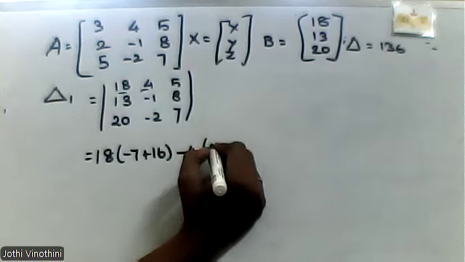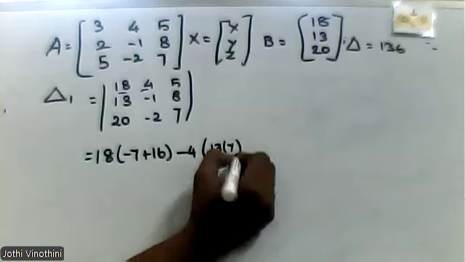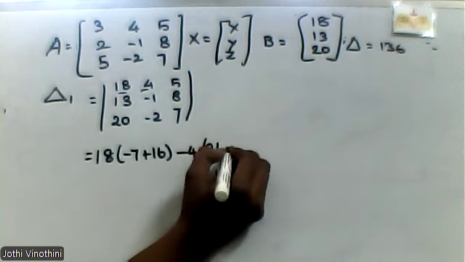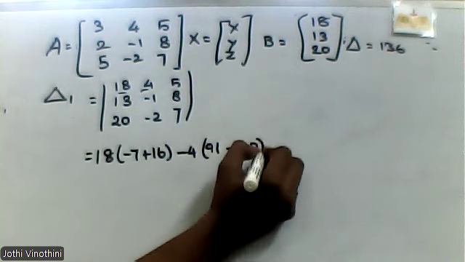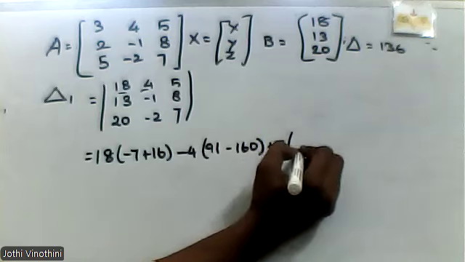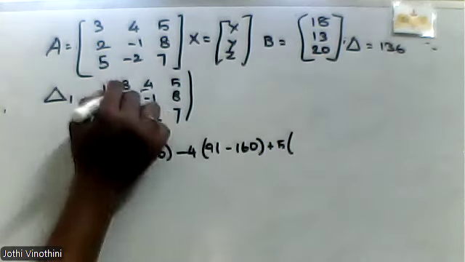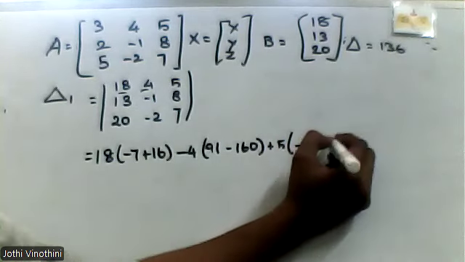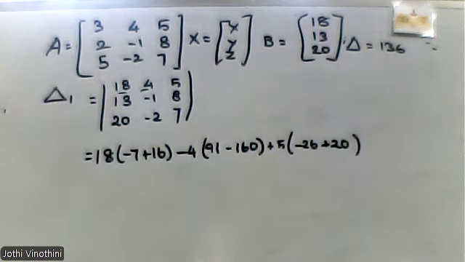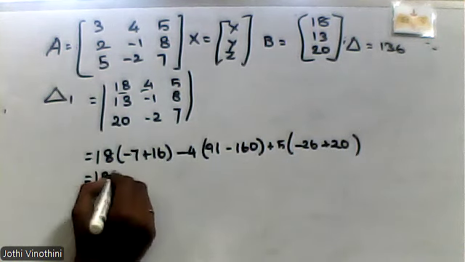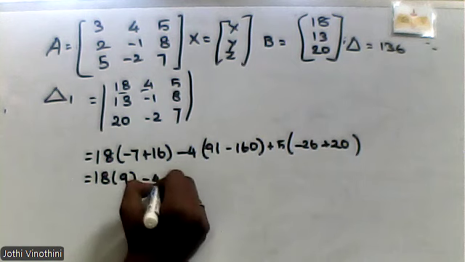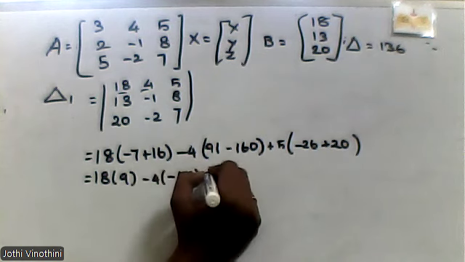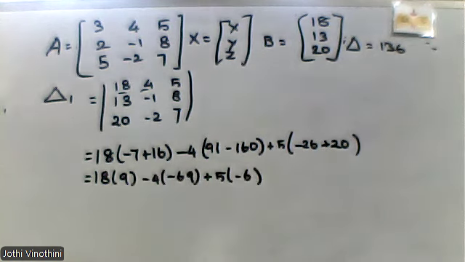While taking this, it becomes 3 into 17, so that is 91 minus 160 and plus 5, again 3 into 17, and minus 26 plus 20. Clear? Clear. So it becomes 18 multiplied by 9, minus 4 multiplied by minus 69, plus 5 multiplied by minus 6.